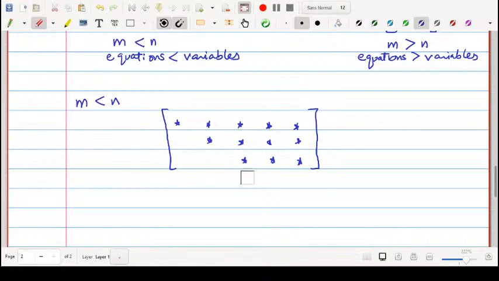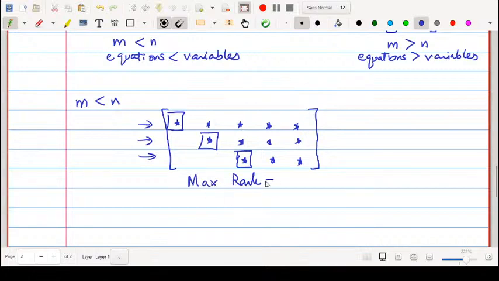At this point, notice that if I get this to be non-zero, that's all the pivots that I can get. There is no further Gaussian elimination that I can do. So if I have m rows, there were 3 rows, in this case the maximum rank can be equal to m, right?